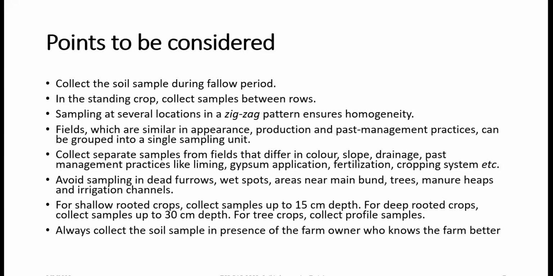And also samples should be taken at several locations, and normally you can use a zigzag pattern, to ensure that you have captured the variability within the soil. Fields which are similar in appearance, production, past management practice can be grouped into a single sampling unit.